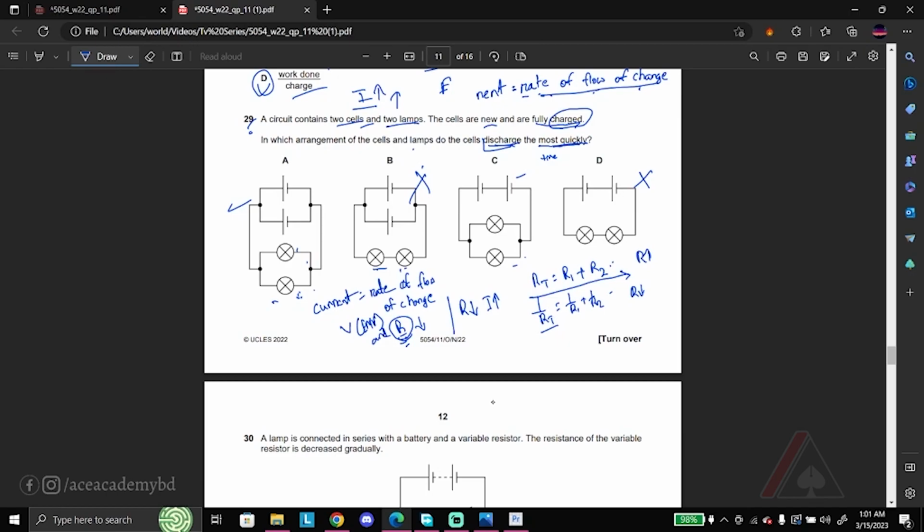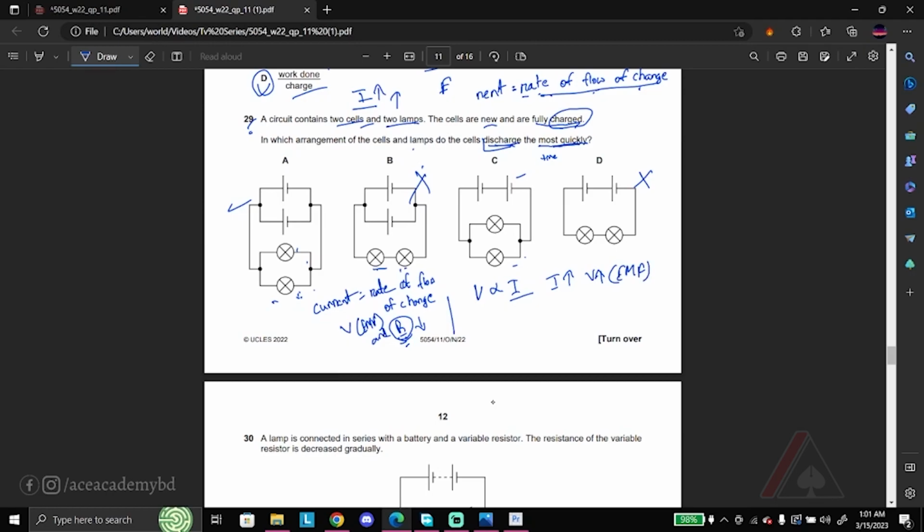Now let's consider the case of EMF, or the total voltage across the circuit. As we can recall, voltage is directly proportional to current, which is Ohm's law. So for a high amount of current, we also need a high amount of voltage or EMF.